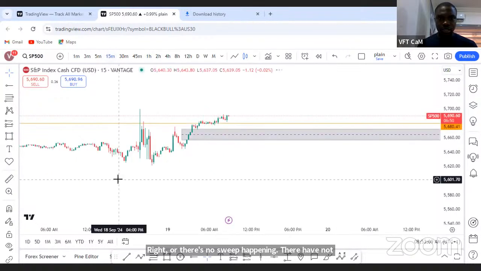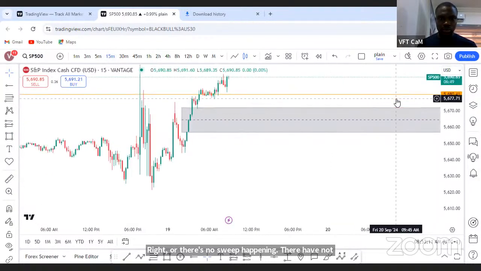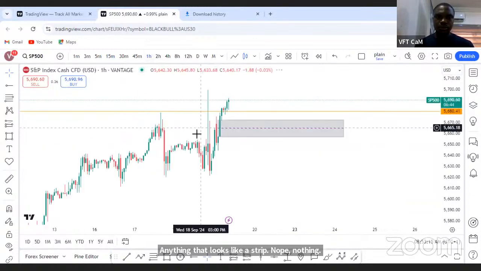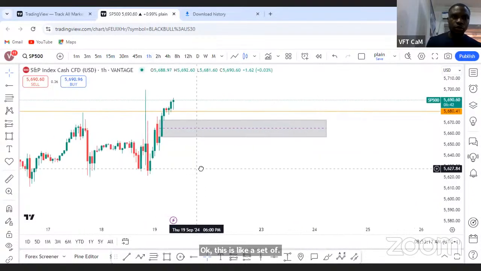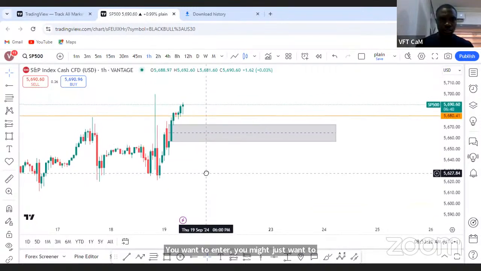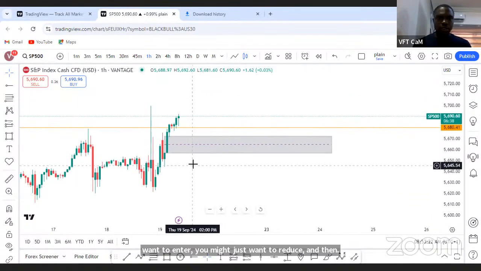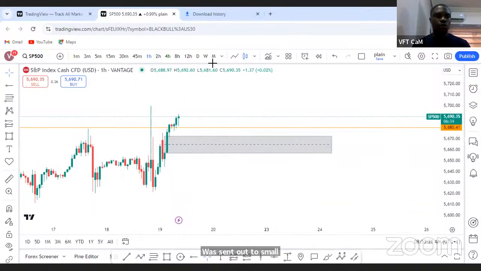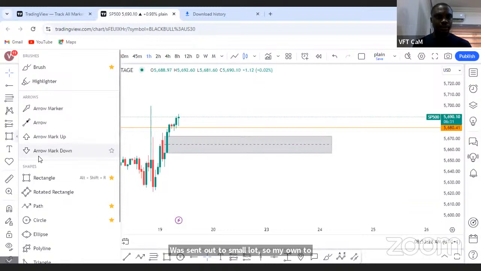Let me look at 15 minutes. Is there anything that looks like a sweep? Nope, nothing. Okay, this is like a B plus setup. If you want to enter, you might just want to reduce your risk and enter with a small lot, right? So you might want to see a rejection into this zone and then from there it continues to the upside, something like this.